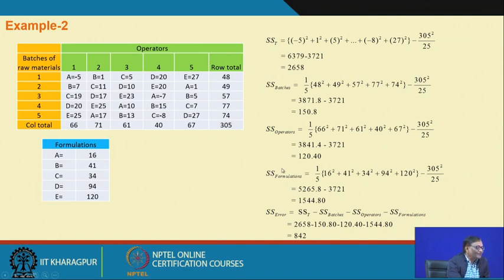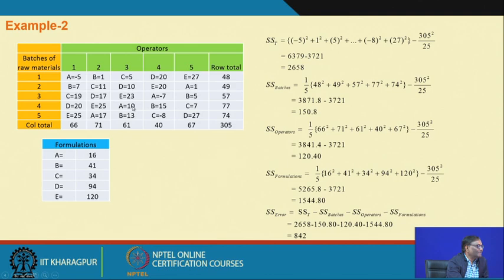So, when you go for formulation, then what is that value? That is the interesting one. You see here how many formulations? A, B, C, D, E, that 5 formulations are there. You take the total for all the A's. So, first in column 1 minus 5, column 2 17. So, 17 minus 5 is 12, column 3 it is 10.